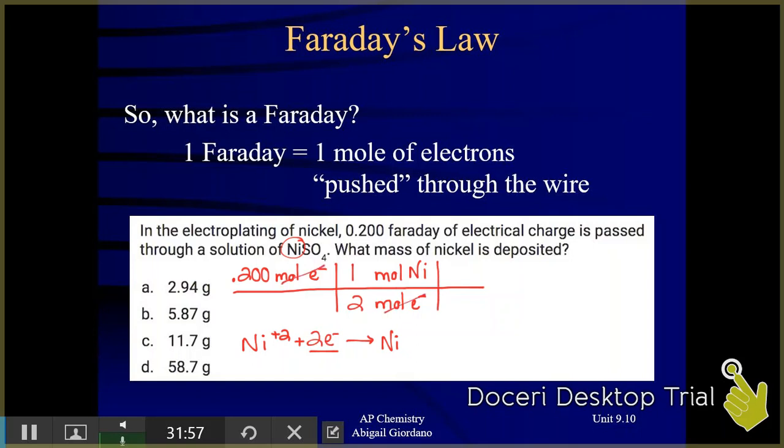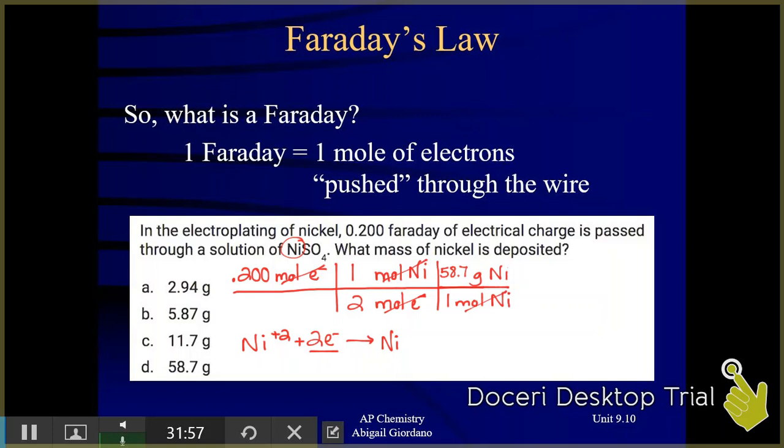Moles of electrons can now cancel. And now I can get to grams, which is what they're asking us. And the molar mass of nickel is 58.7. Okay, so this can be done without a calculator, ladies and gentlemen. Take it piece by piece.